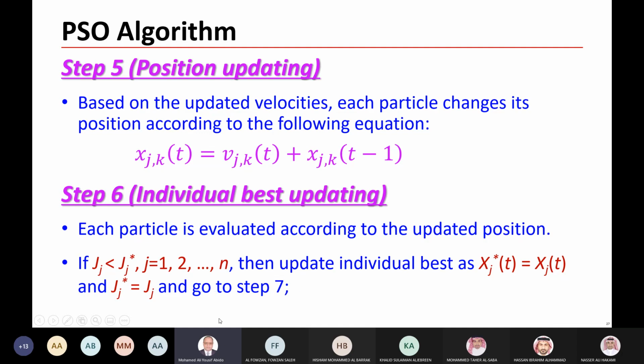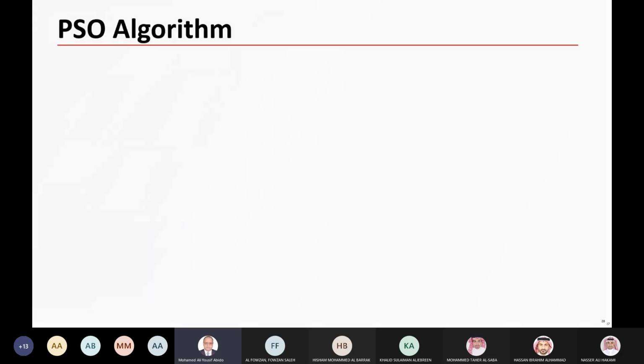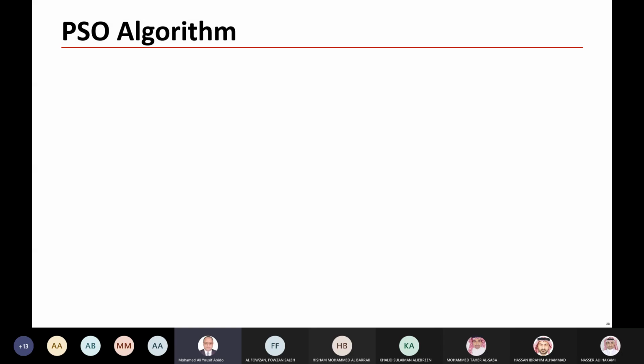You don't need to update the individual best. So else, go to step 7 directly without updating. Okay, and you end up with a position which is not better than the local best.